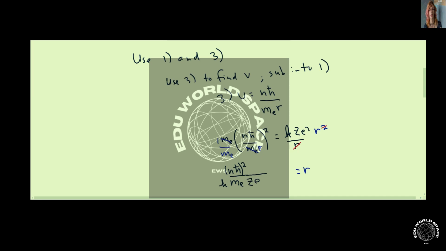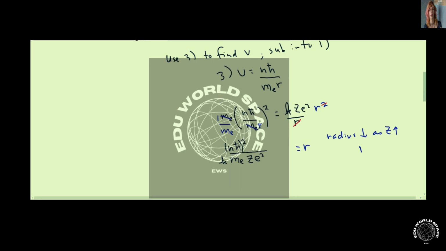And yes, we'll cross multiply. So there's probably some cleanup we can do, but I'm not sure we need to do any cleaning up. But what this does show us is that the radius gets smaller as Z goes up, which makes some sense, more electrical attraction. And it goes up as n squared. And we know that's true for the Bohr model.